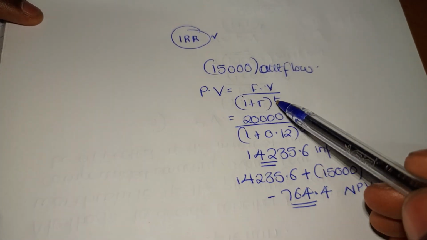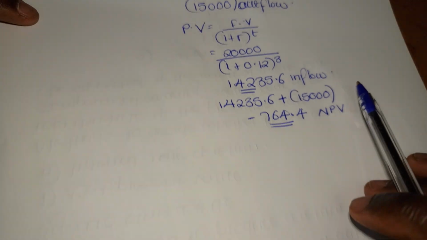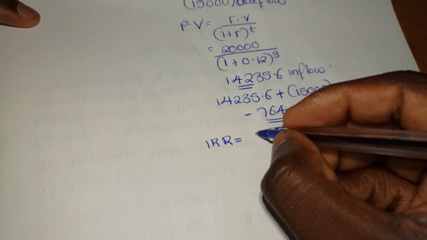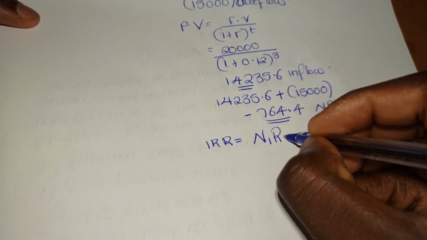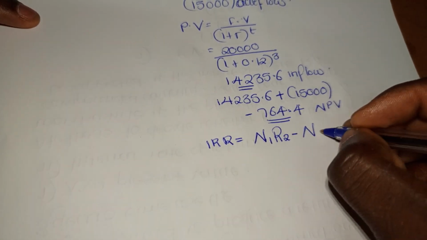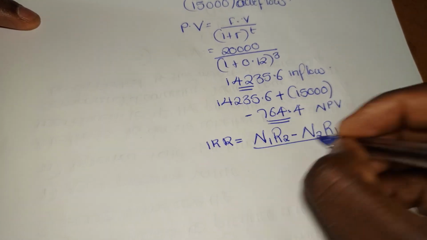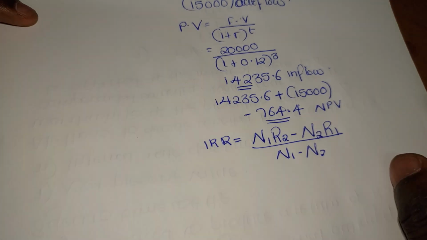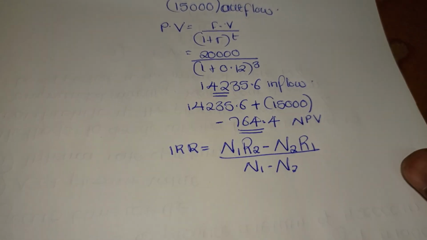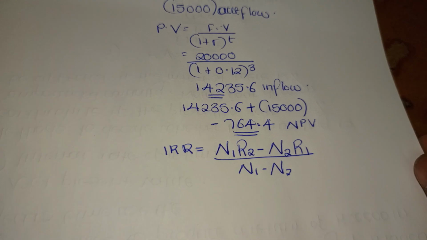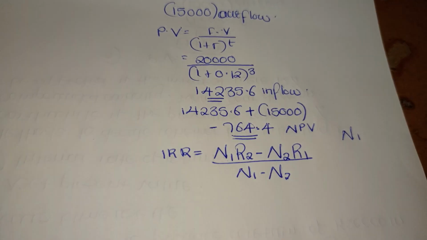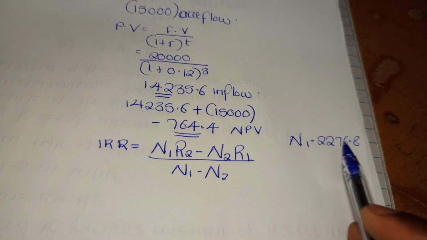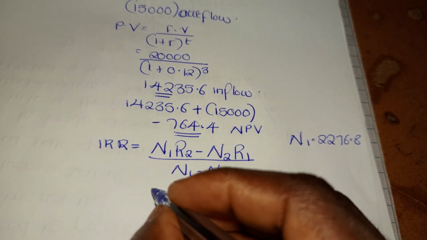So we now know to say this is the net present value when we use 12%. But remember the internal rate of return. The internal rate of return is equal to the net present value in 1 times R2 minus the net present value in 2 times R1 over N1 minus N2. Where N1 is the amount that you got in the first calculation, which is 276.8, where we will replace directly here.